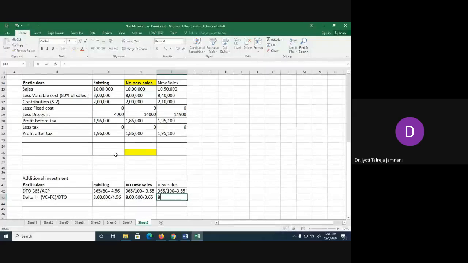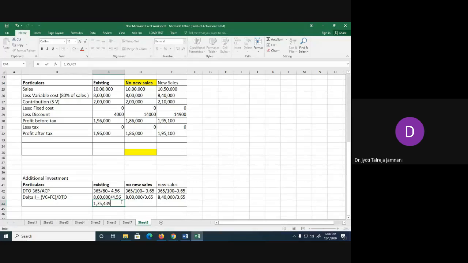And in the third case, variable cost is 8,40,000 divided by 3.65. 8 lakh divided by 4.56, you get 1,75,438.5, so we'll take it as 439.